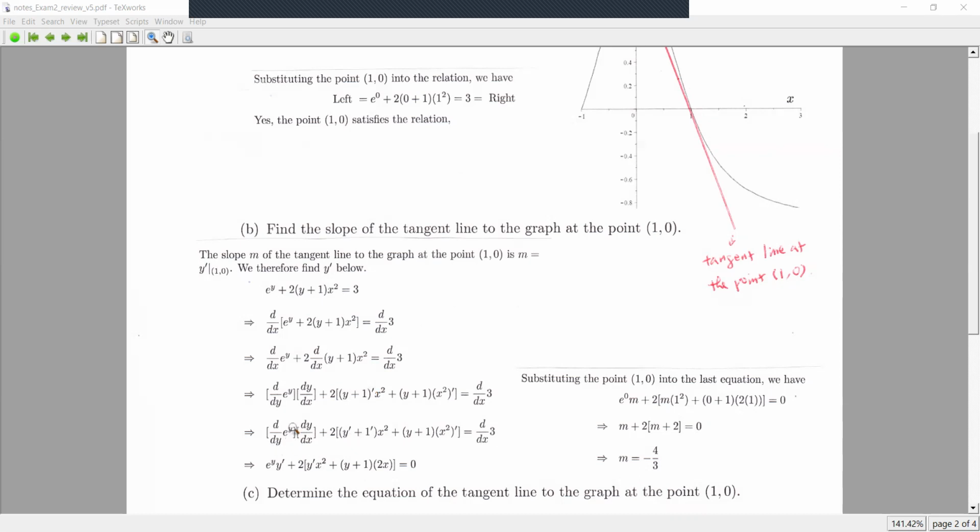Derivative of e to y with respect to y by formula is e to y. 1 derivative is 0. So y prime plus 1 prime times x squared is y prime times x squared. X squared derivative is 2x. Number 3 derivative is 0. So we have this equation.